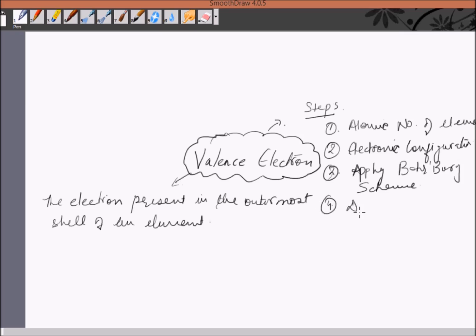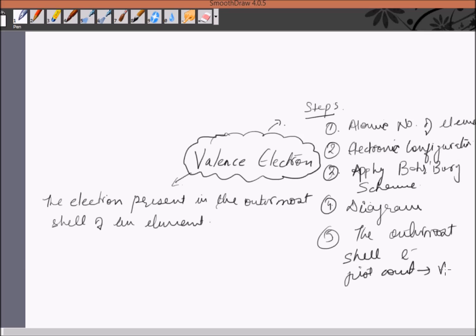We can also make the diagram to understand the valence electron. The outermost shell electrons, just count and we'll get the valence electrons, right? So these are the few steps so that you can get the valence electron.